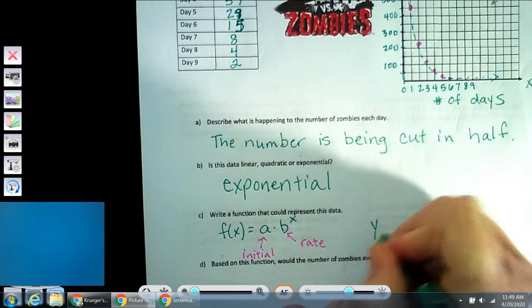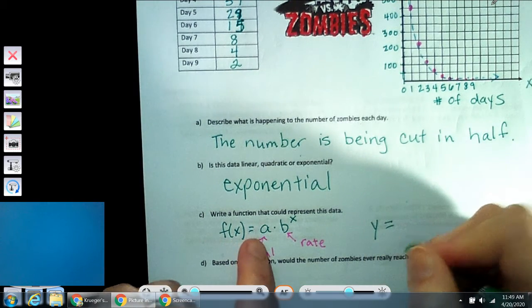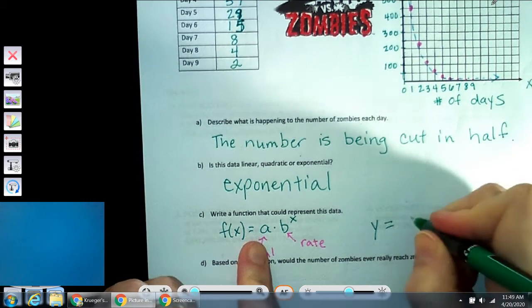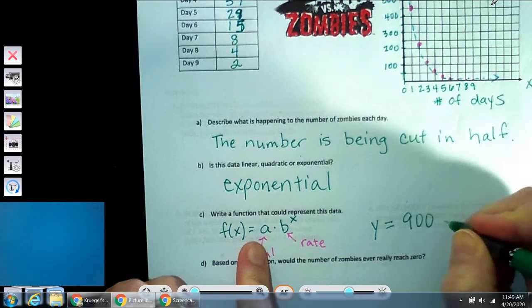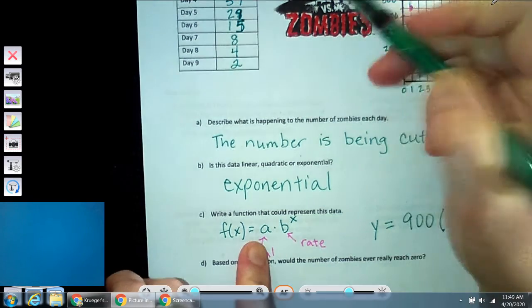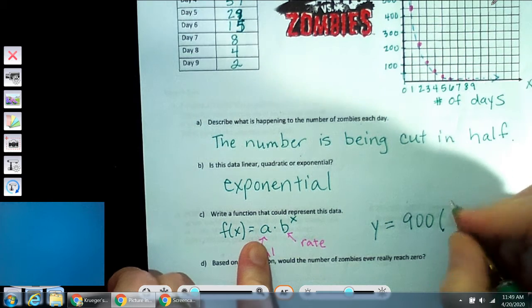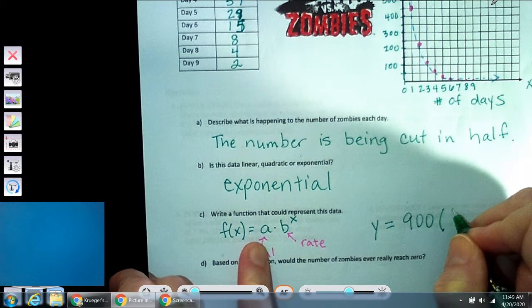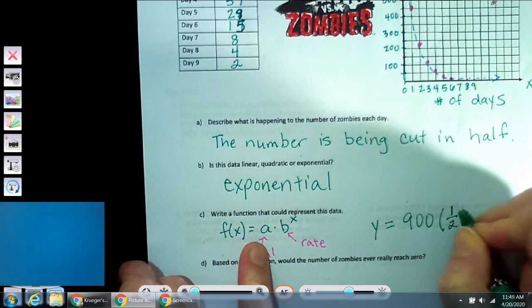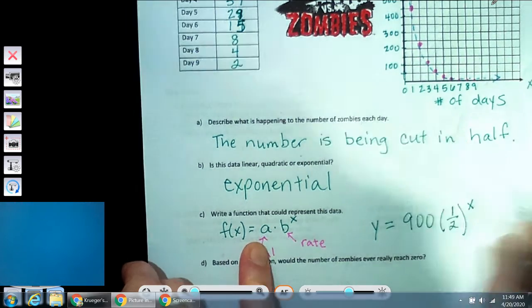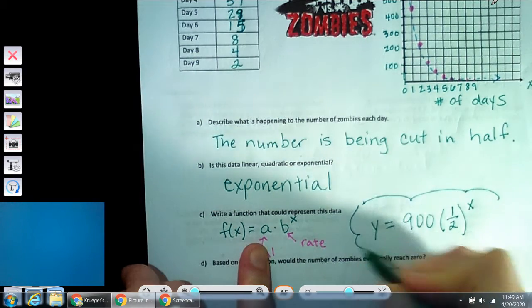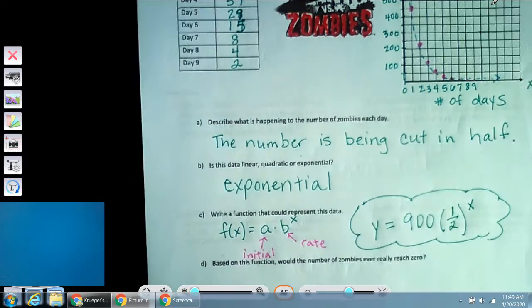So our function is going to be y equals, our initial value was 900, we started out with 900 zombies, times, we were dividing by 2, so we were cutting them in half, so that's going to be 900 times 1/2 to the x power. That's our exponential function.